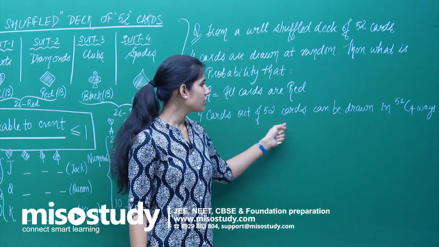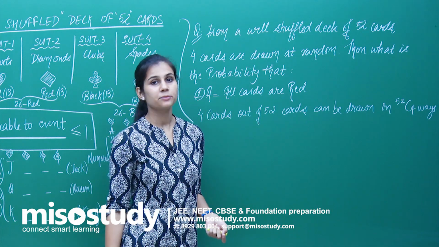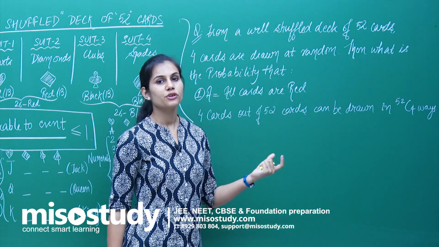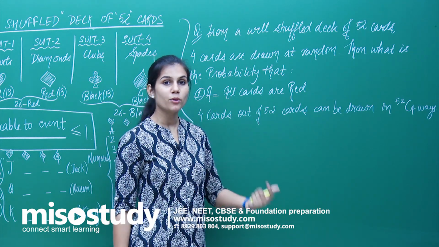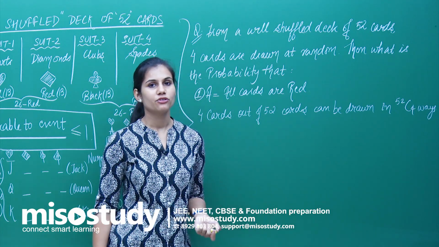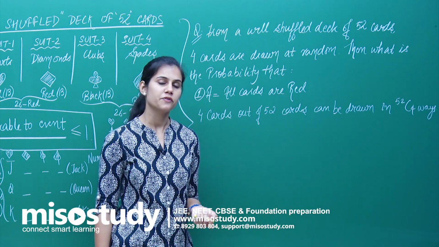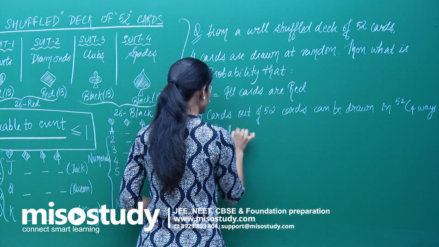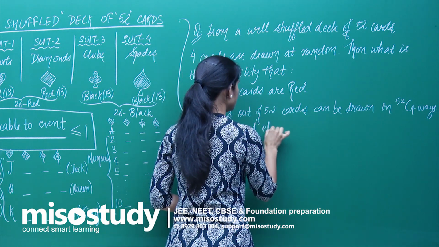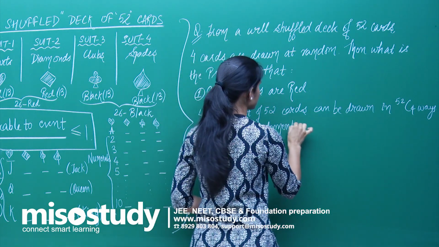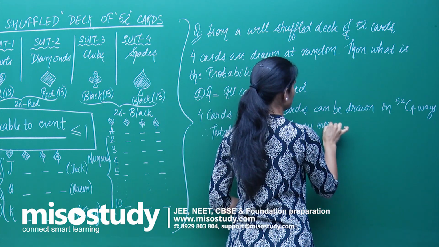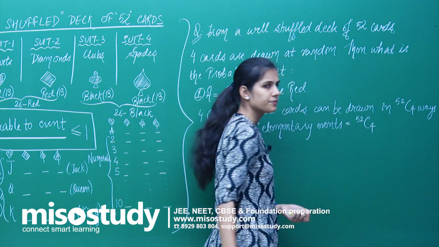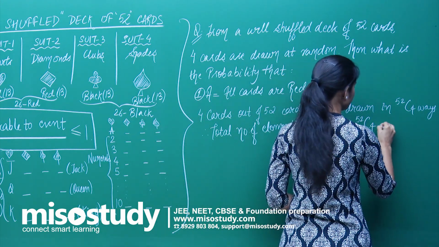That means all the possible ways in which 4 cards can be drawn from a well shuffled deck of 52 cards is 52C4. So, the total number of elementary events is 52C4. So, I have got my n.